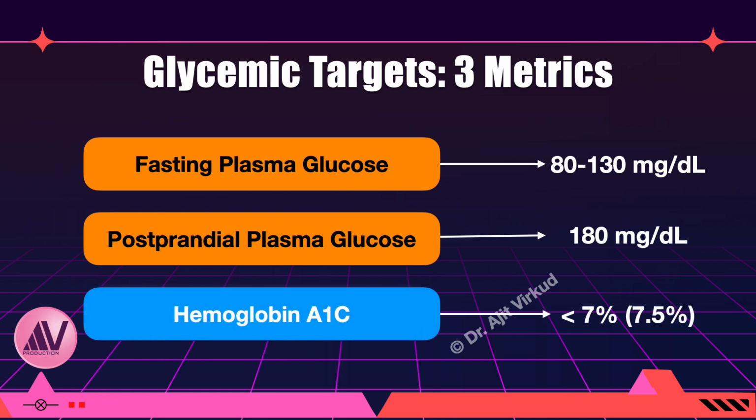For type 2 diabetes mellitus with hypoglycemia, ADA has relaxed the hemoglobin A1C target to 7.5%, and for elderly frail individuals, they have relaxed it further to less than 8%.